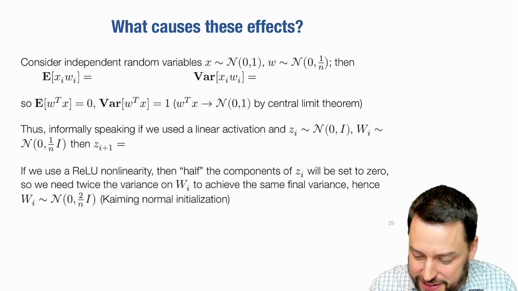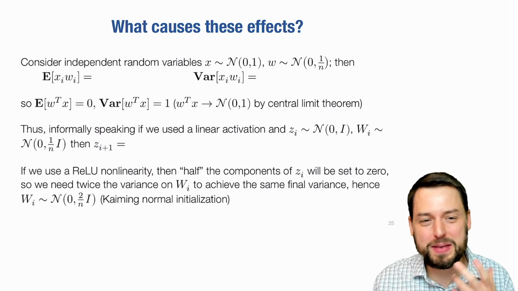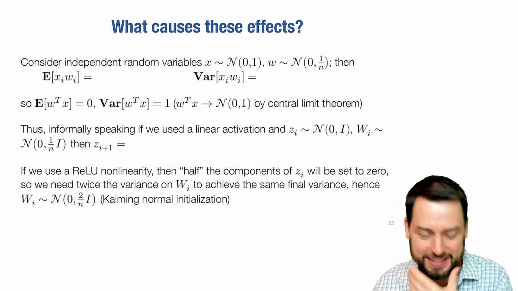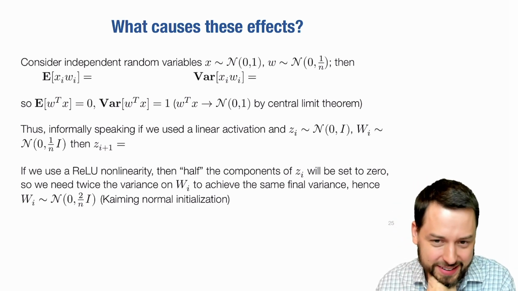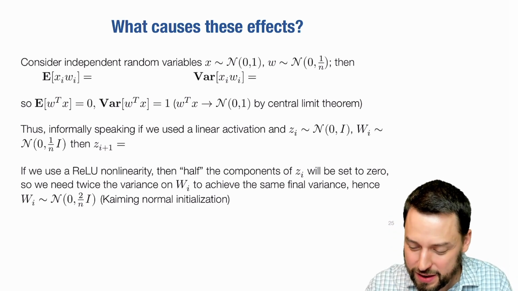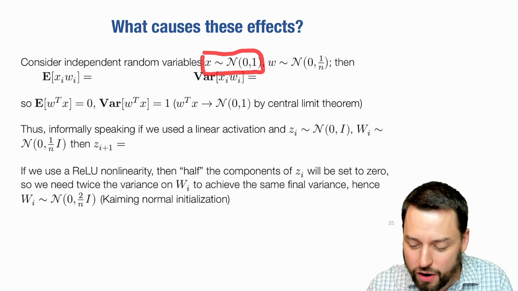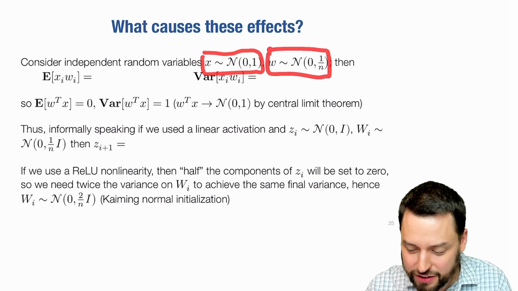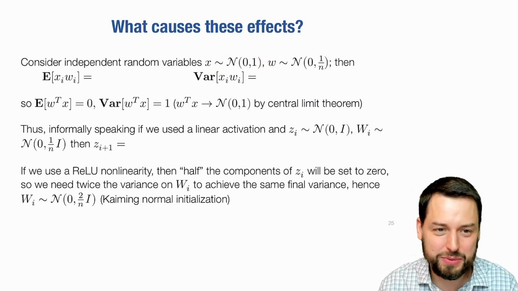So in some sense, we can be a bit informal here, though this can all be formalized. We can think of all the intermediate aspects of our network as being kind of normal random variables and see what happens.